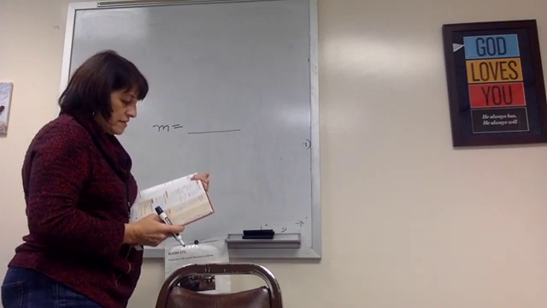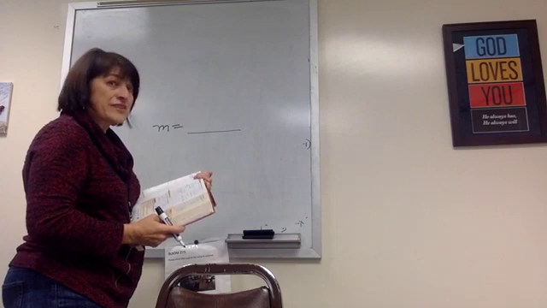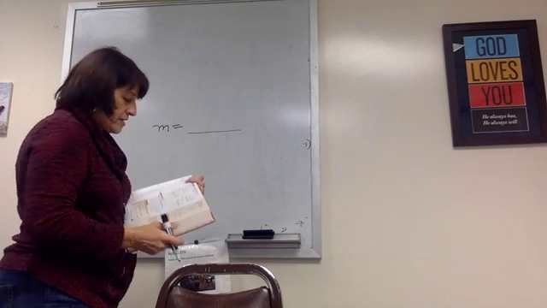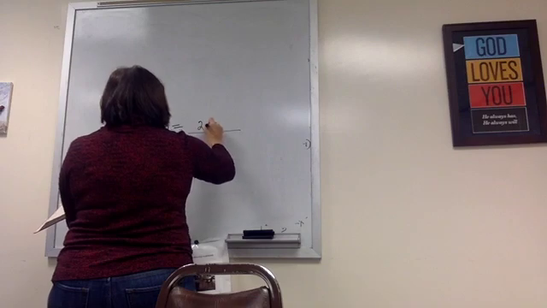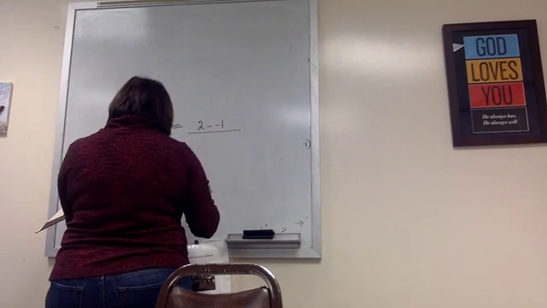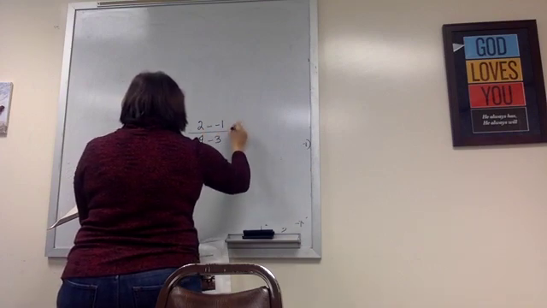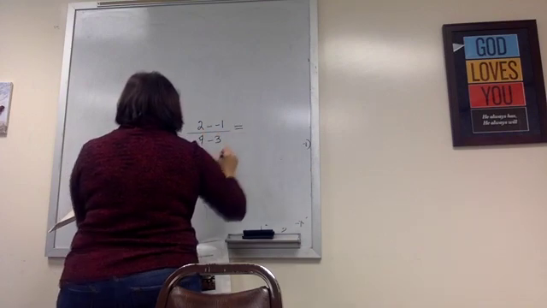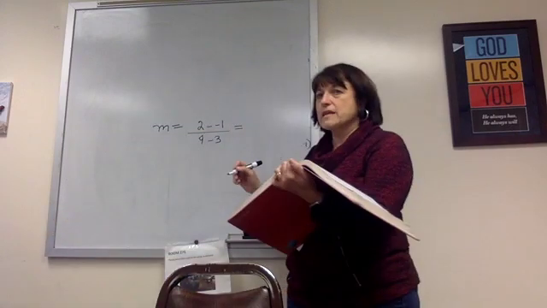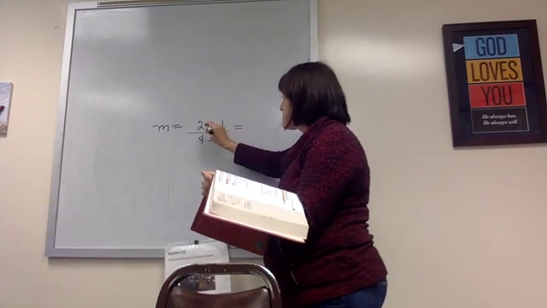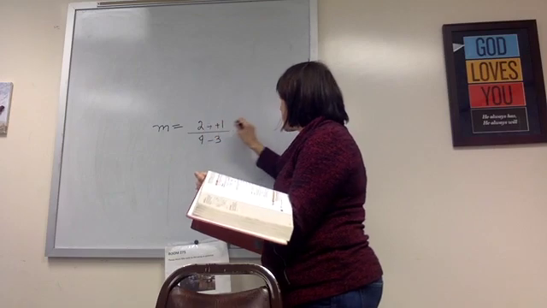Those are x's. I'm calculating the slope. 2 minus negative 1, which is plus 1, over 4 minus 3. Okay. And then, Hallie, what am I going to get when I do that? You're going to get 2 plus 3 over 4.